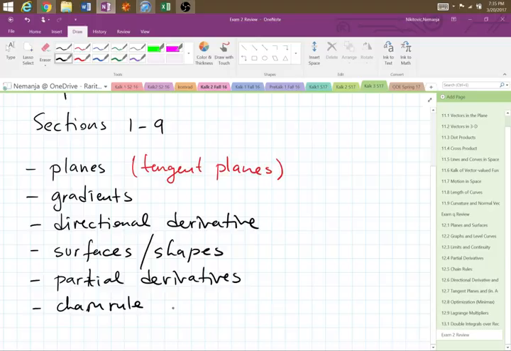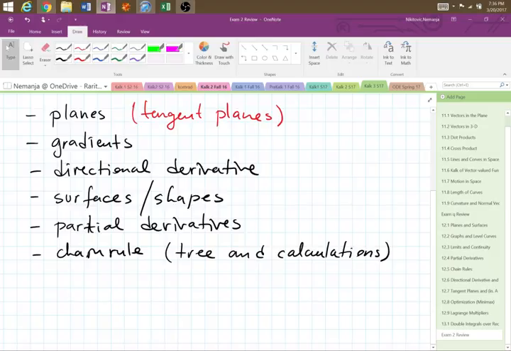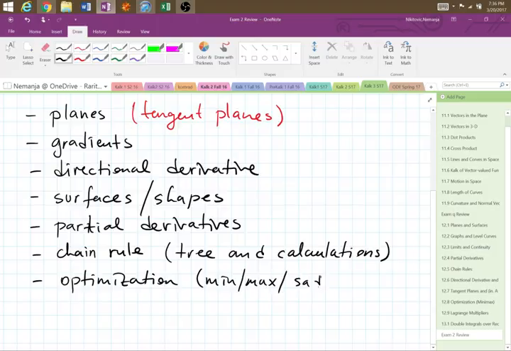Now remember, chain rule is supposed to be the tree and calculations, right? So we have the chain rule. What else? We have optimization, so min max. Min max saddle, right?